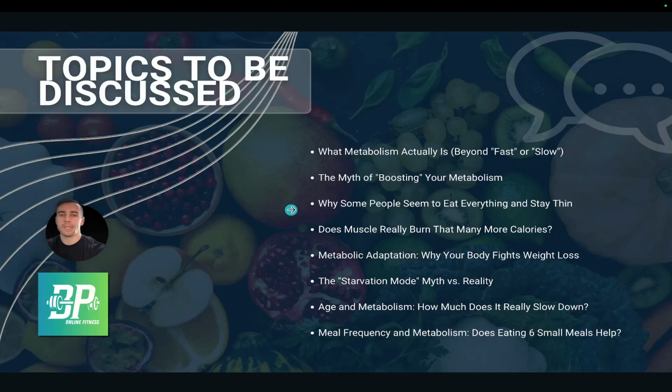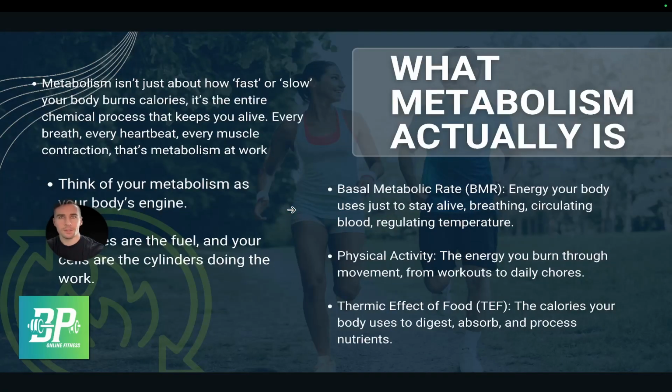There are some misconceptions that a lot of people have when it comes to metabolism, especially when we get into starvation mode. That's a very common misconception people have, and there are different things that a lot of people aren't fully knowledgeable about.